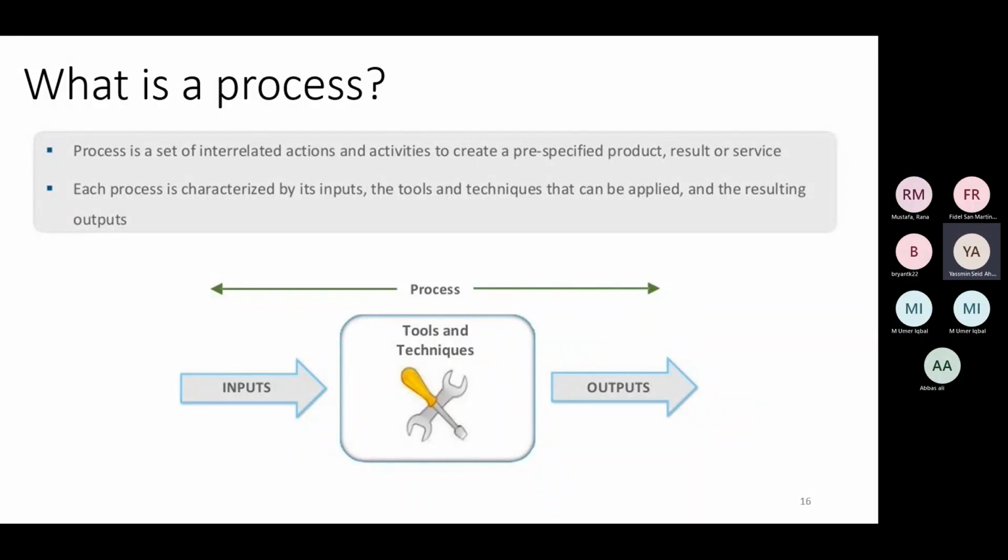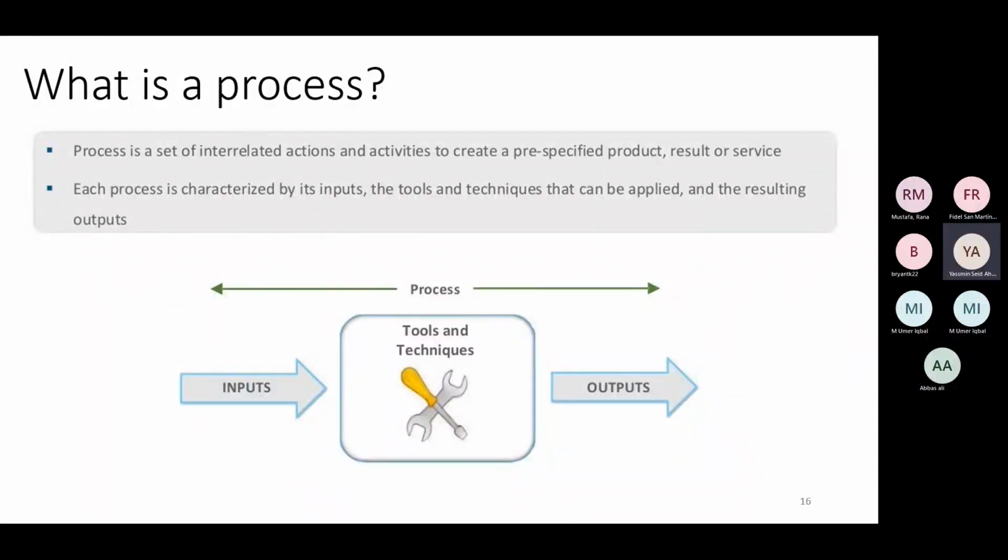So let's first understand what a process is. I'm sure you must have worked on a number of processes. Whenever we work on a process, we always come across some activities that are mentioned in the process, and we have to perform those activities one by one. And these activities are interdependent on each other.